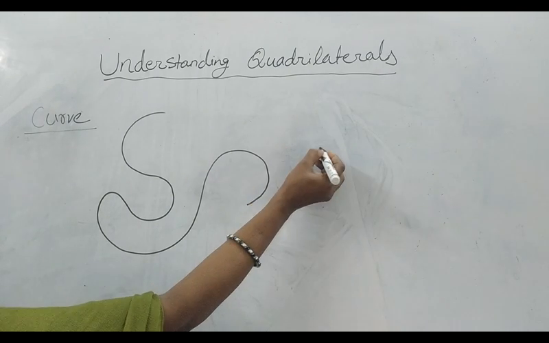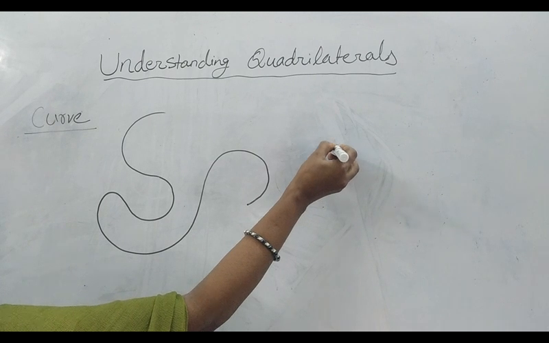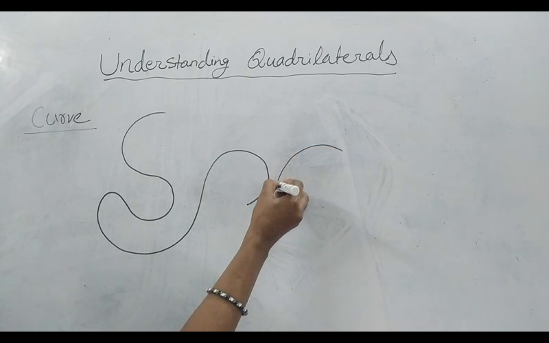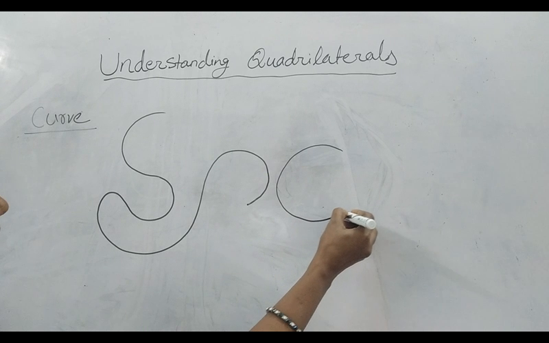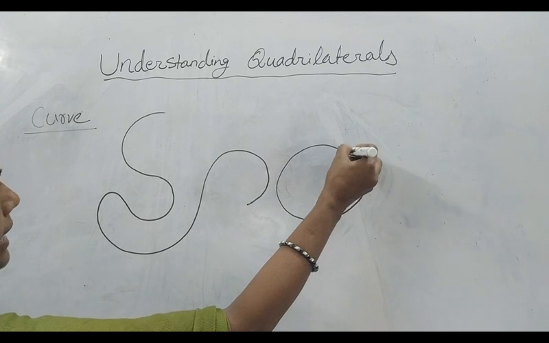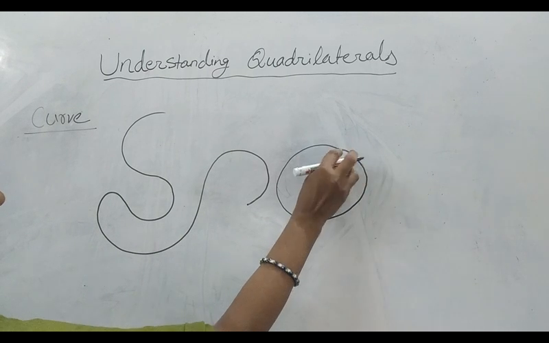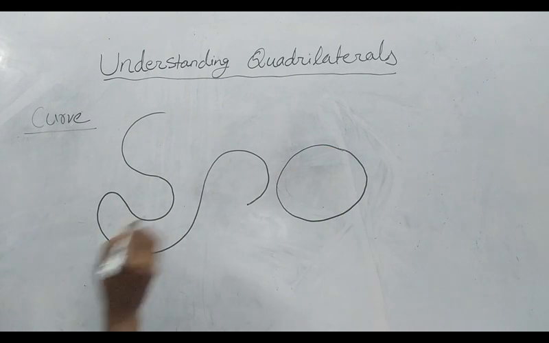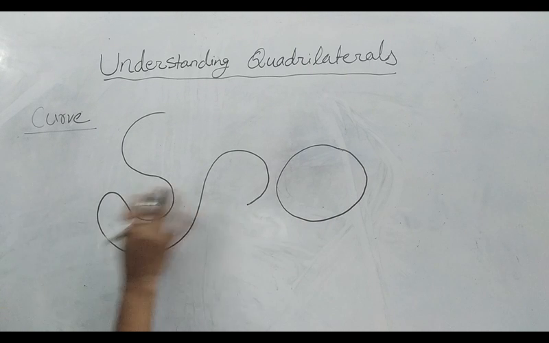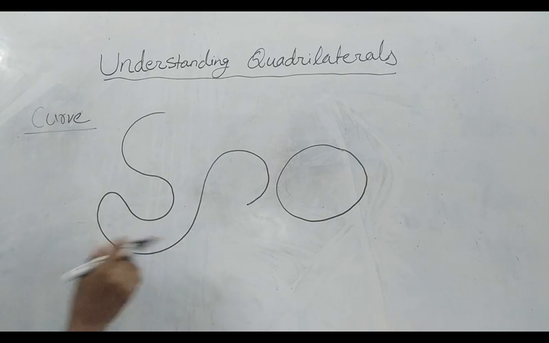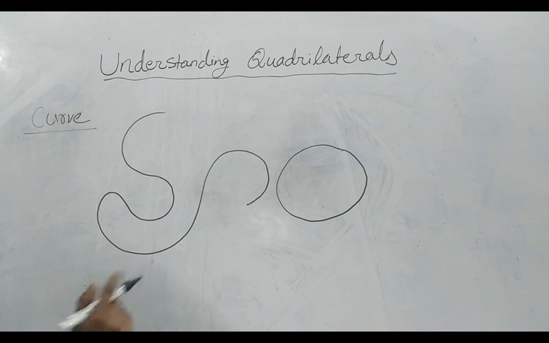Or when you draw a figure starting from some point, without lifting your pen or pencil, and finish at the same point, then these two figures are said to be curves.